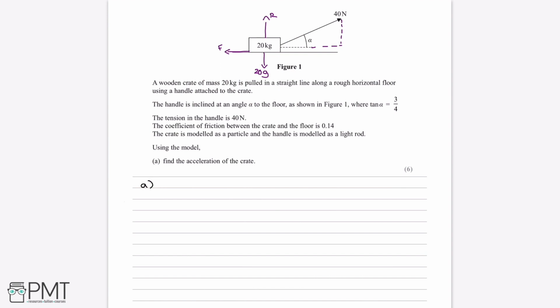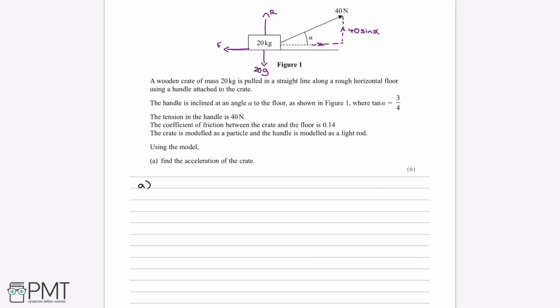If we rearrange that, we know that the value of this component is 40 sine alpha. And if we do the exact same thing with this horizontal component that acts in the same direction that this arrow does, we now need cosine. And so here it would be 40 cos alpha, using the same principles we did for this vertical component.